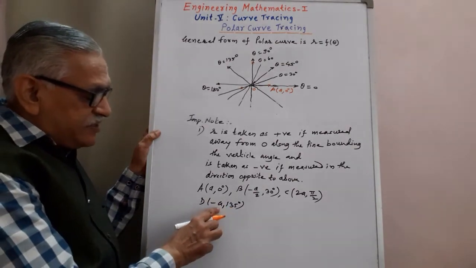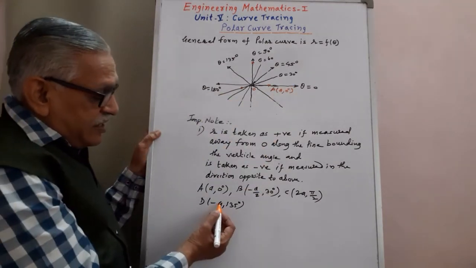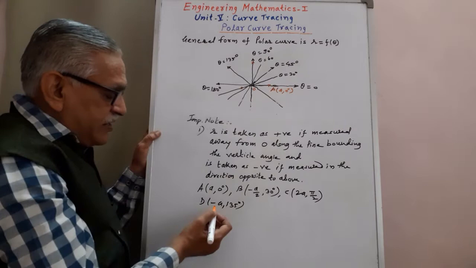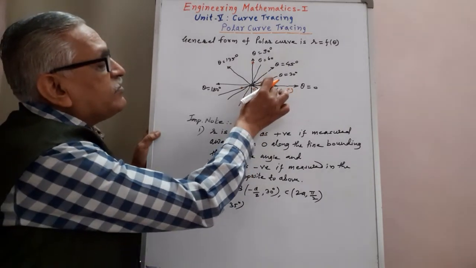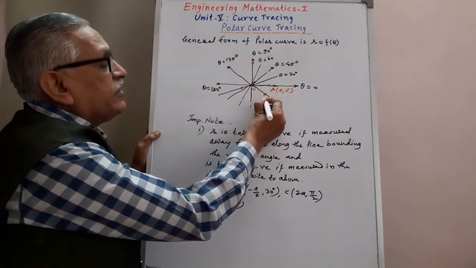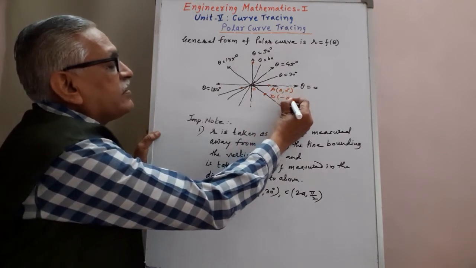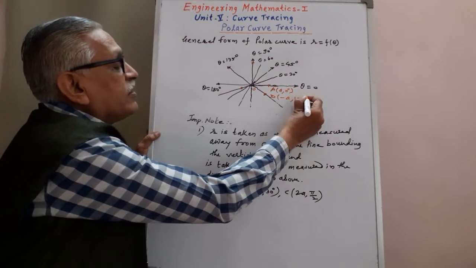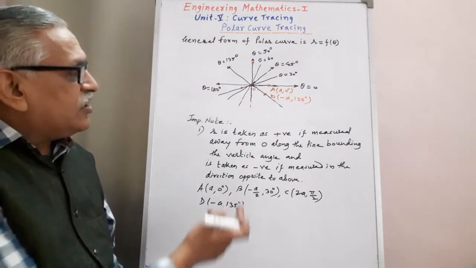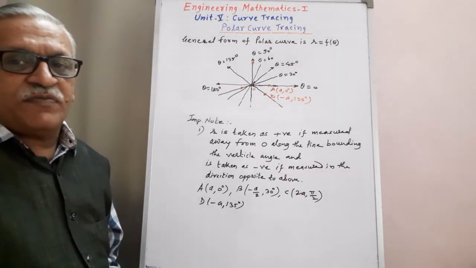Once again r is negative, so we plot it on the lower side, on the line theta equals 135 degree at the same distance a, and this is the point D, coordinates minus a, 135 degree. Like this we can plot the points, and after plotting we join all the points smoothly to get the required figure of the polar curve.